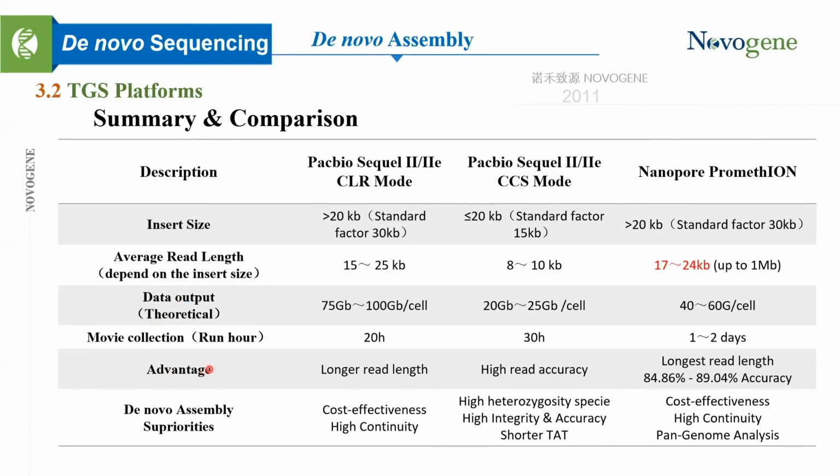Compared to ONT and CLR mode, the high-fidelity CCS mode not only has an advantage in the turnaround time for the de novo assemblies and high accuracy, but also provides high integrity of the genomes. So the continuity of it is relatively lower than the CLR mode and ONT, while the recommendation of CLR or ONT is primarily based on the consideration of cost effectiveness and high continuity with the longer read length.